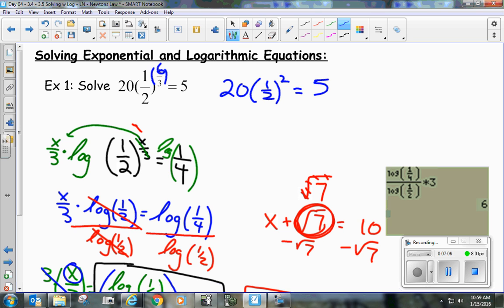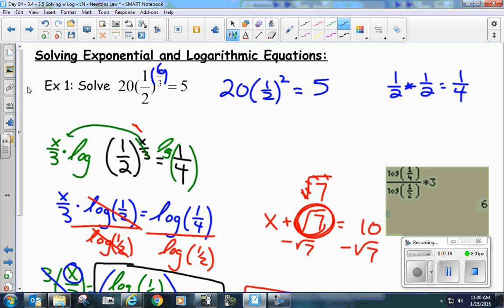What's 1/2 times 1/2? Come on now, don't give up on me now. 1/4, isn't it? So what's 20 times 1/4? That's basically 20 over 4, right? What is that? 5. It works. It works, absolutely.